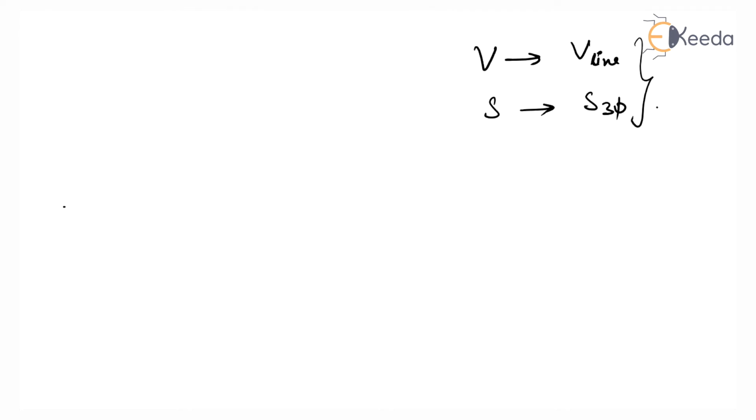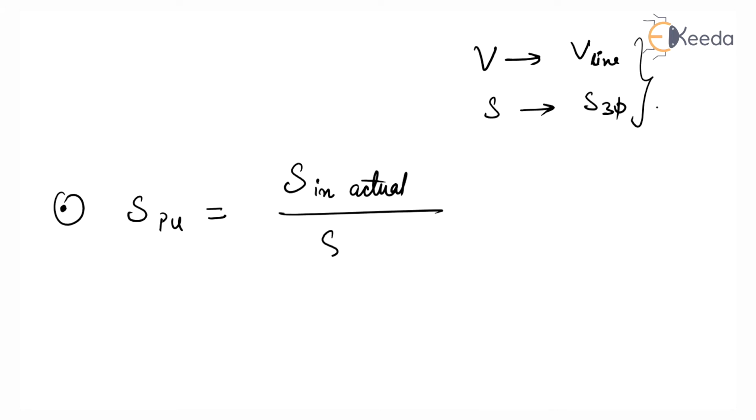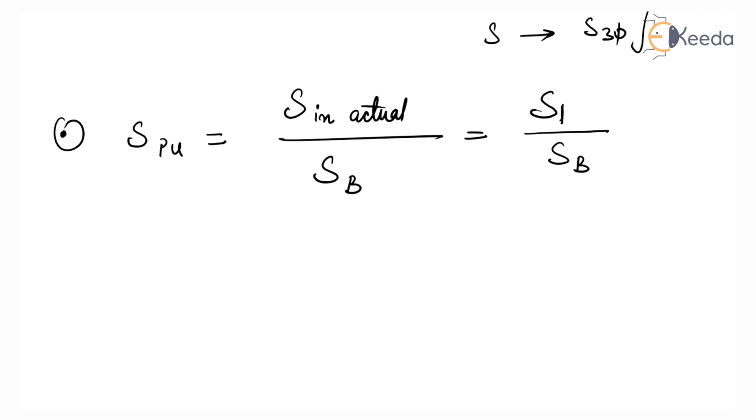Now, after impedance, apparent power in per unit is equal to the actual apparent power upon S base. So the actual apparent power is S1, and S per unit equals S1 upon S base.